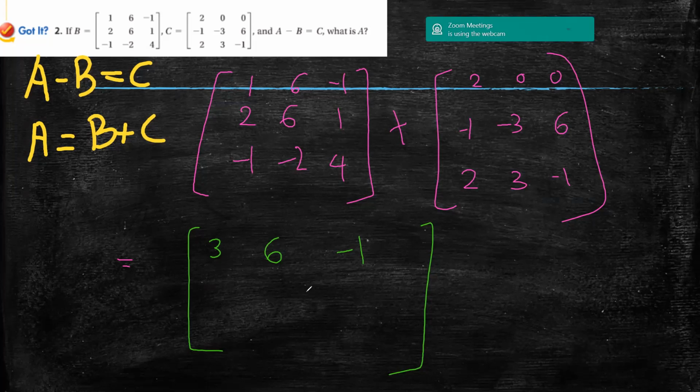I want you to add the second row. 2 plus what? 2 plus -1, which is 1. 6 plus -3. No, 6 plus -3.